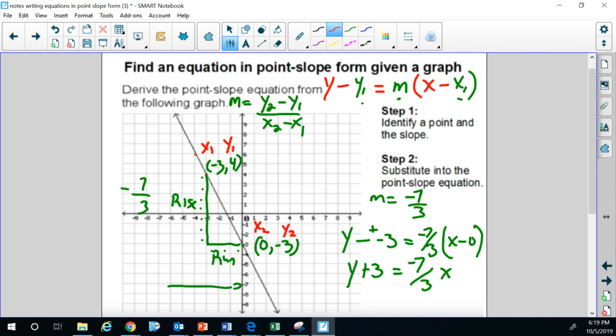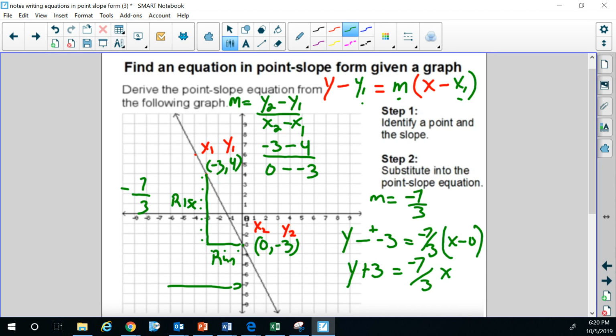Okay? So let's plug it in. y2 minus y1 is going to give me -3 minus my y1, which is 4, over x2, which is 0, minus my x1, which is -3.